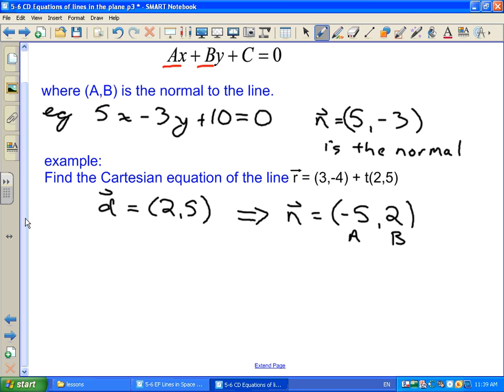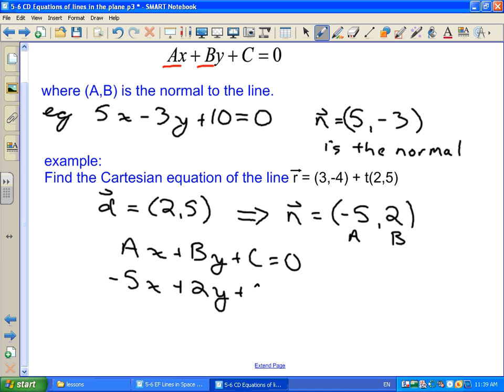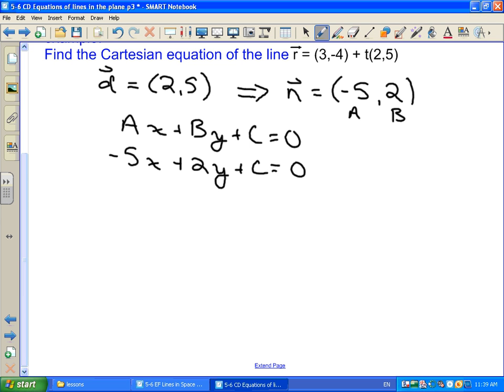So let's start. I mean, we know our Cartesian equation is going to be ax plus by plus c equals 0. We know what a and b are, so let's put those in. All we need to do is figure out what this last coefficient, this constant c, is going to be.